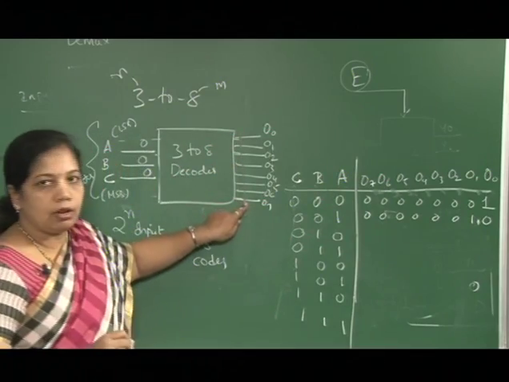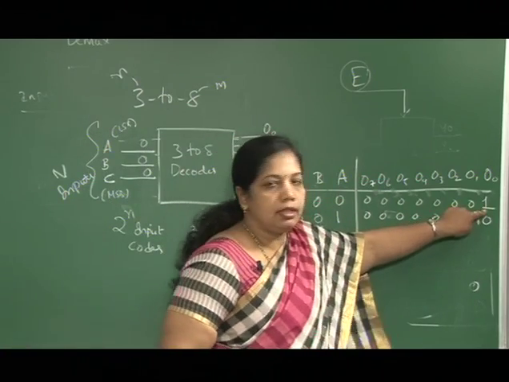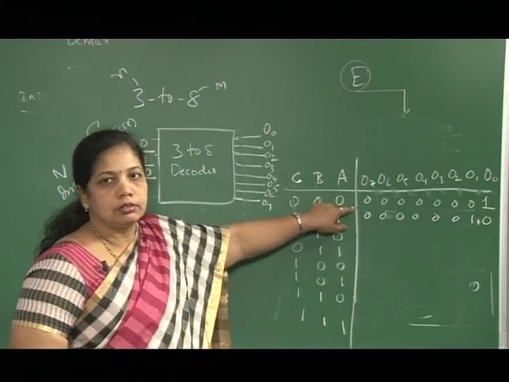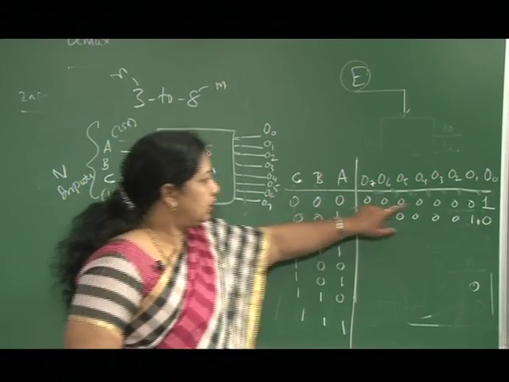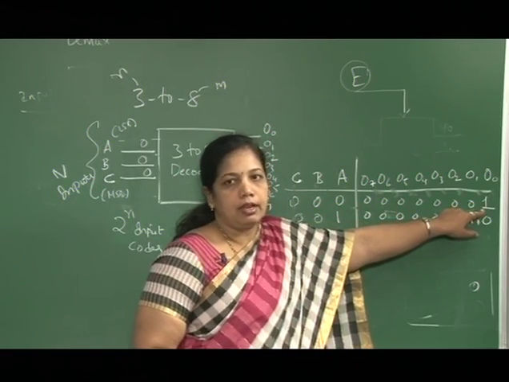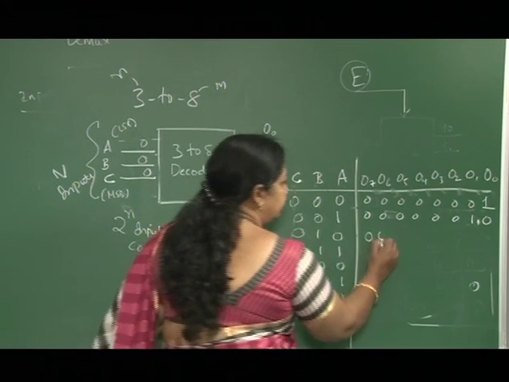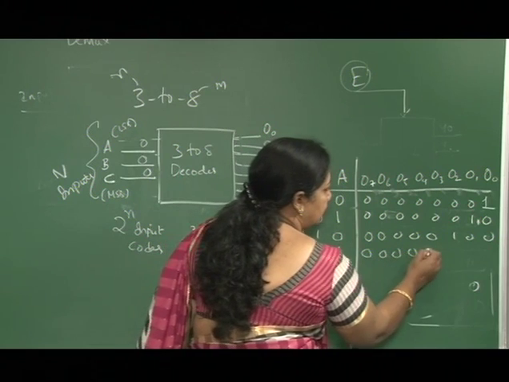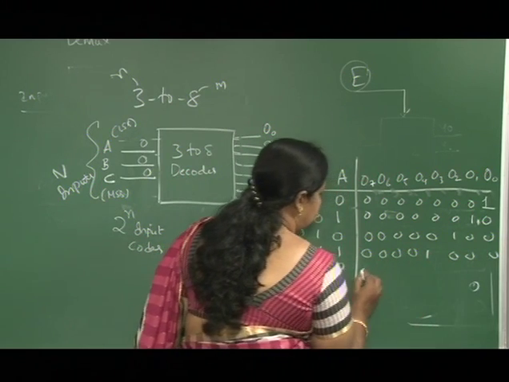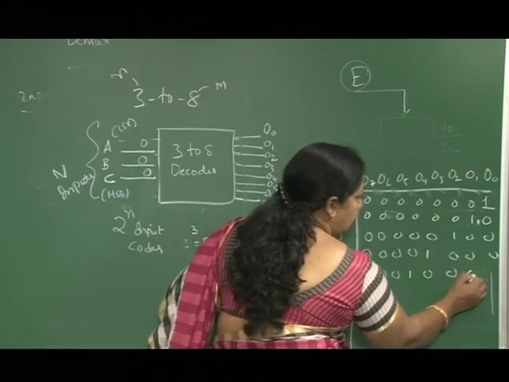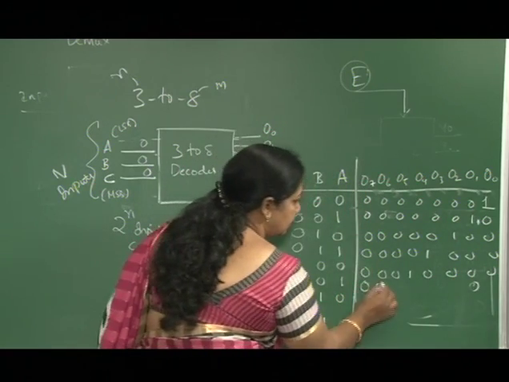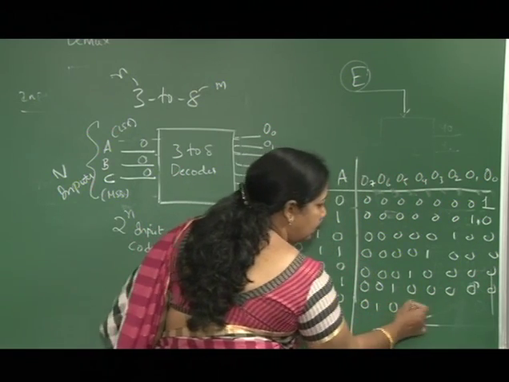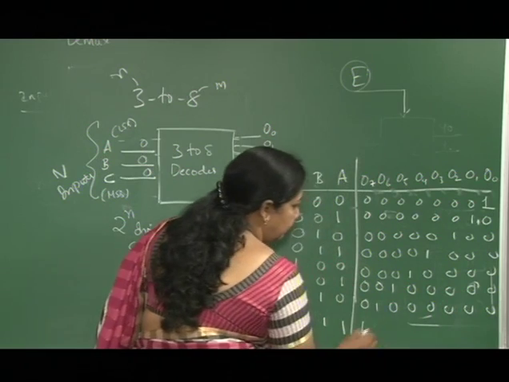Out of these many output lines, at a time a single output line is activated, the rest are all inactive. So only one output line will be activated. Similarly, I write for all 8 combinations, and I am going to get output based on the code you are giving at the input side.